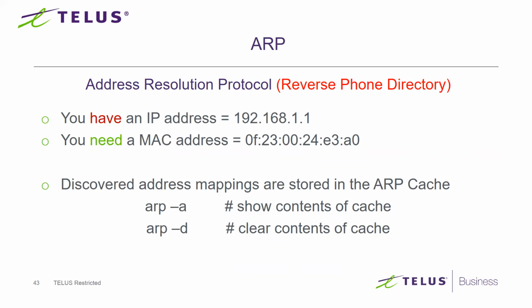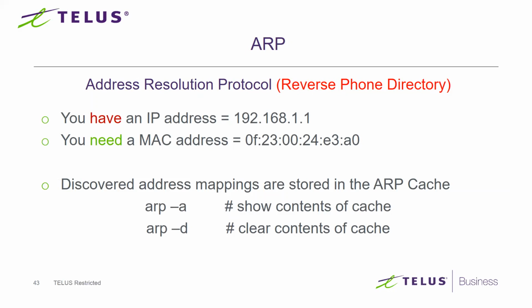A physical device, a physical piece of hardware, and that includes phones, routers, switches, anything that is going to talk in a data world, is going to have a MAC address, and that access layer is very unique, because the addresses that you have there are broken down into two segments with a MAC address.